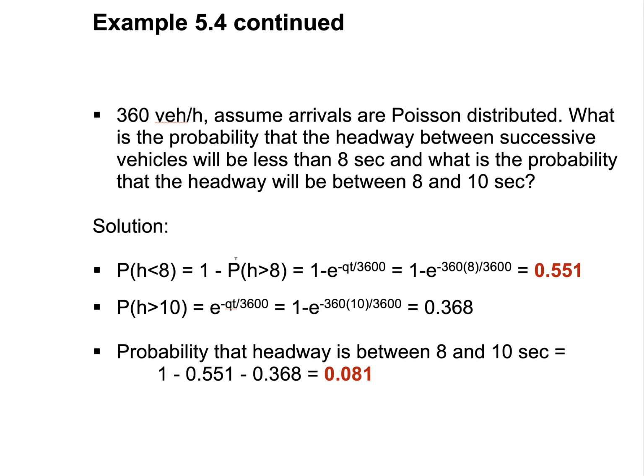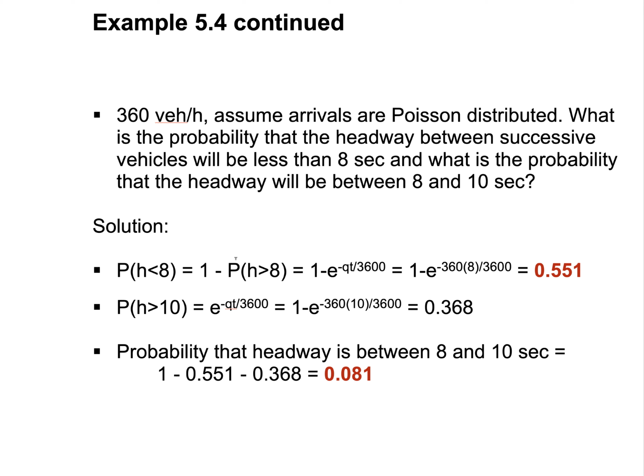So the probability of h less than 8 is 1 minus p of h greater than 8, which is 1 minus e to the minus qt divided by 3600. And so t is 8, q is 360. So that probability of h being less than 8 is 0.551.